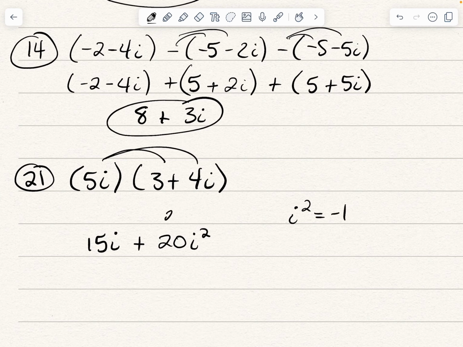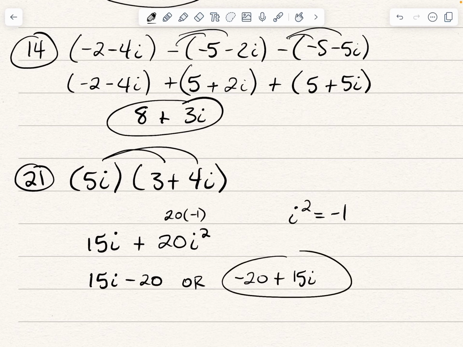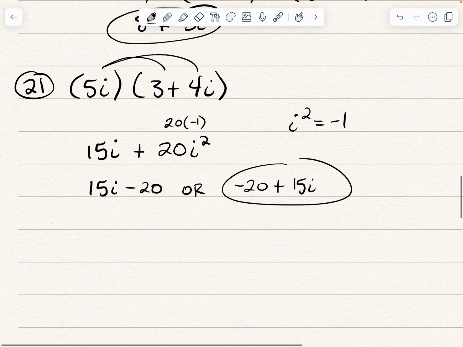So this is like saying 20 times -1, and 20 times -1 is -20. So this could be written as 15i minus 20, or it's actually appropriate to write the i on the end. So this would be -20 plus 15i. That's how you write these complex numbers. Okay, so the i has to go on the end of the expression.